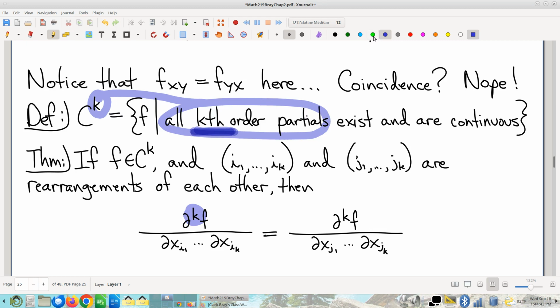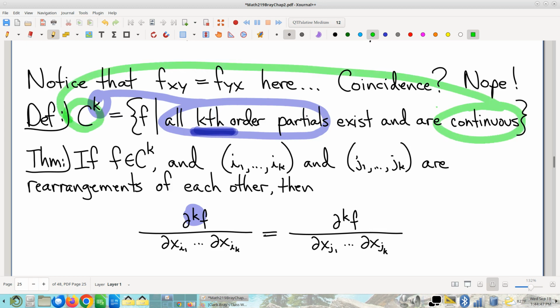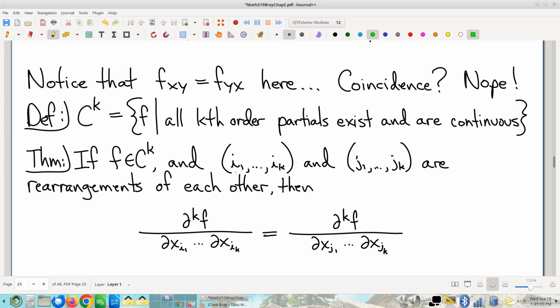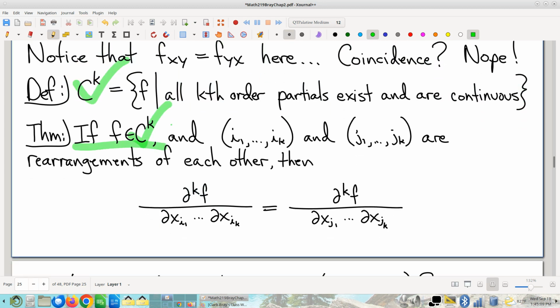And the C in the notation is a reference that not only do I need them to exist, but I also need them to be continuous. So it's a pretty reasonable notation, actually. You may have seen this in a Calc 1 class at some point. Maybe not. Doesn't matter.